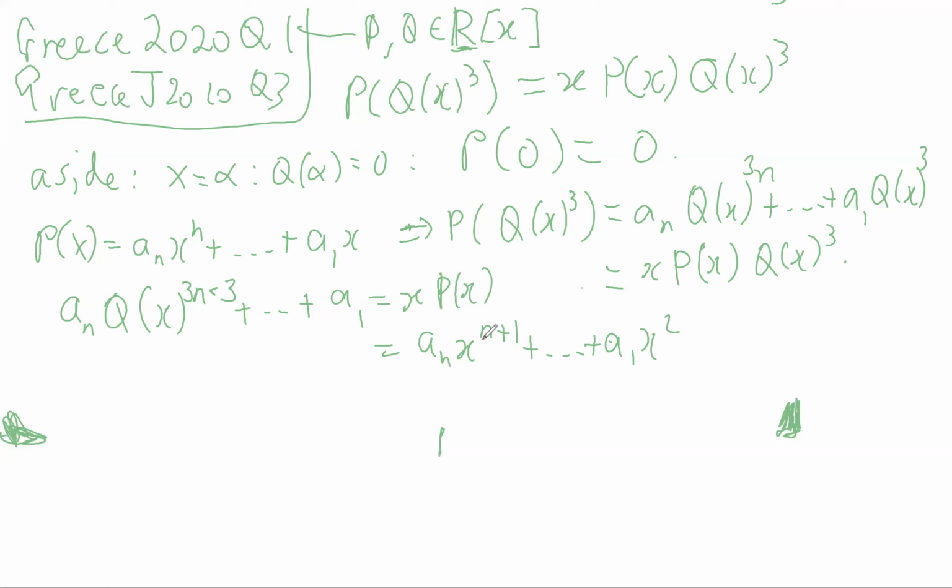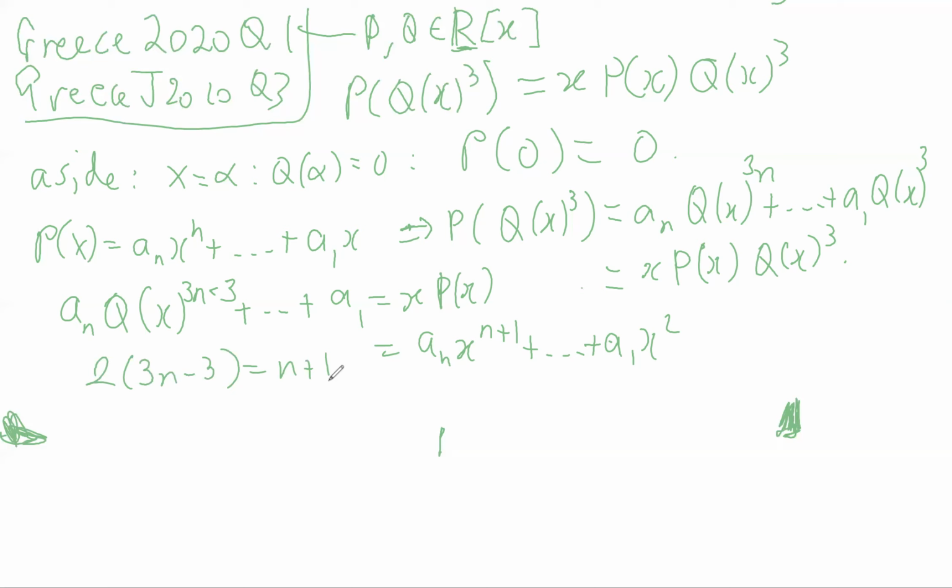Q does have powers in it, so if Q was degree 2, then it would be 2 times 3n minus 3 equals n plus 1, so that would make n equal to 1.